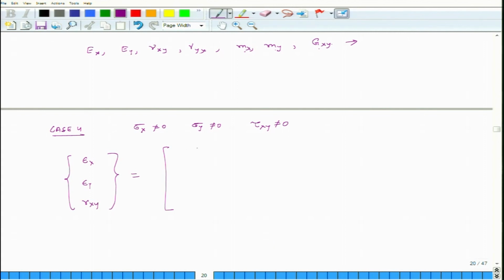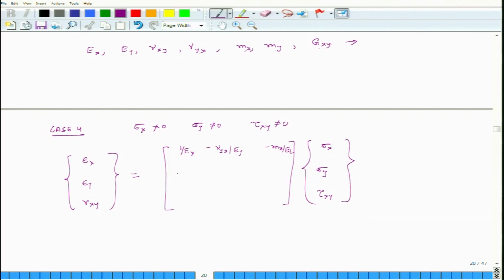So, here we will have a vector sigma x, sigma y, and tau xy, and the coefficient associated with sigma x is 1 over Ex, and then the coefficient associated with y is minus nu yx divided by Ey, and then this is minus mx by EL.